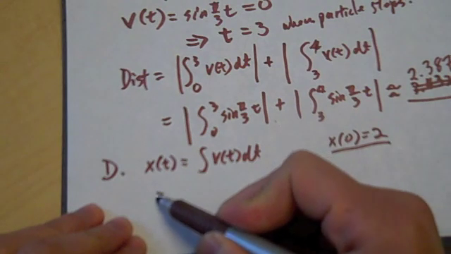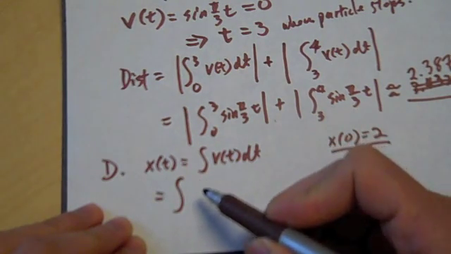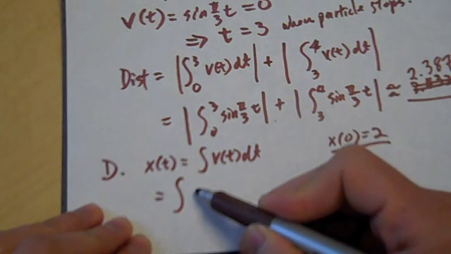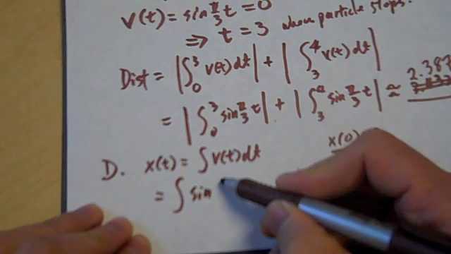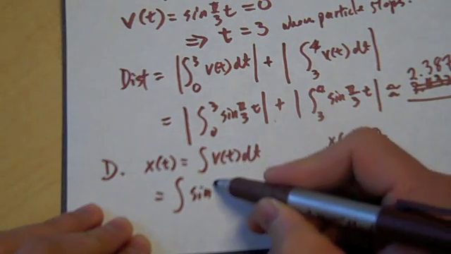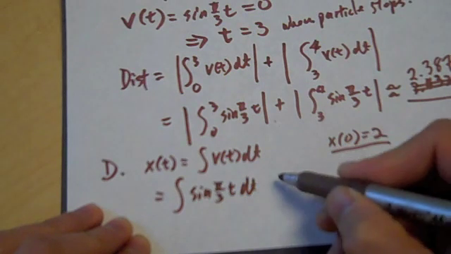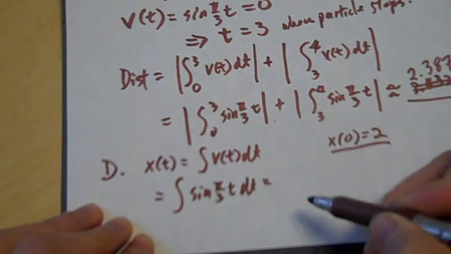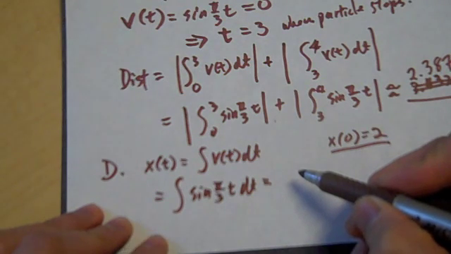So in this case, the integral of v of t, we've done this earlier before. This is the integral of sine pi third t dt.